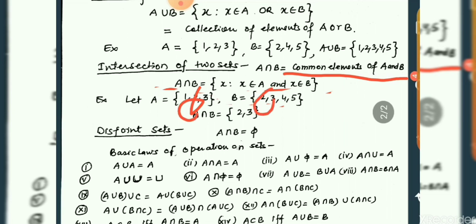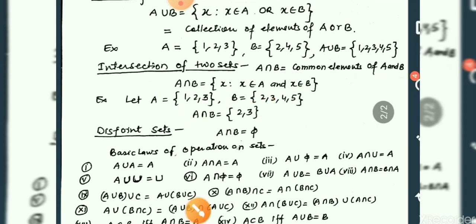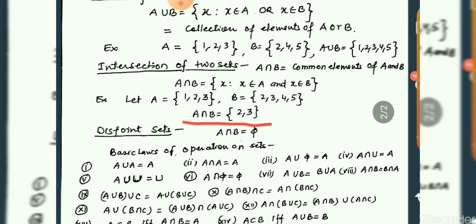It is present in A as well as in B. So A intersection B will be 3. So this is the intersection of two sets.